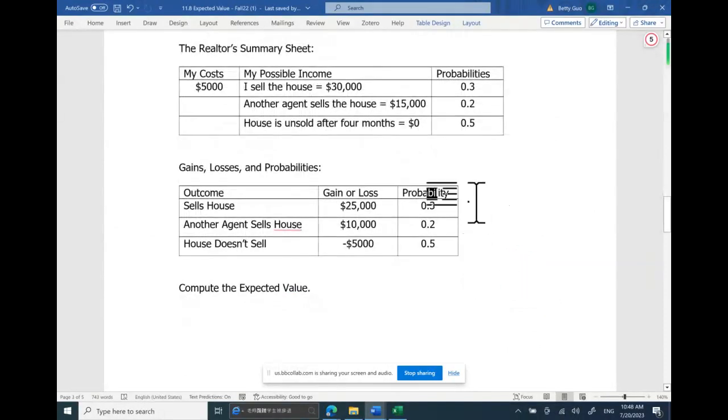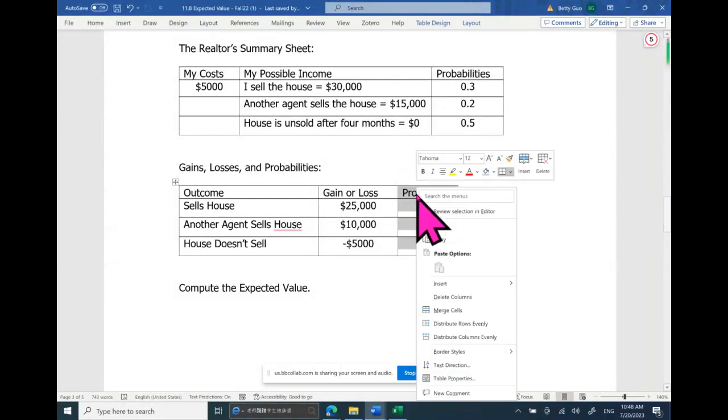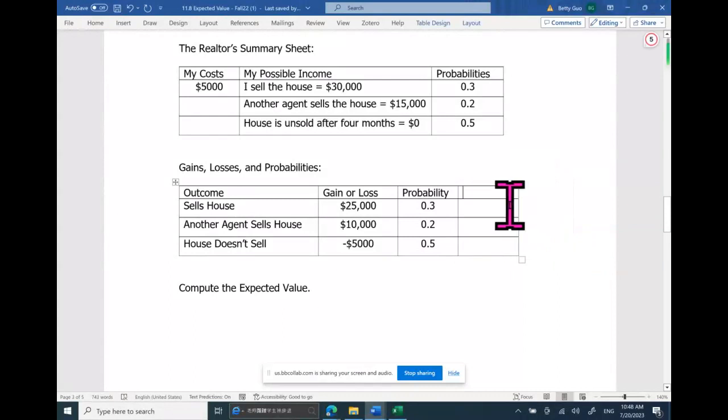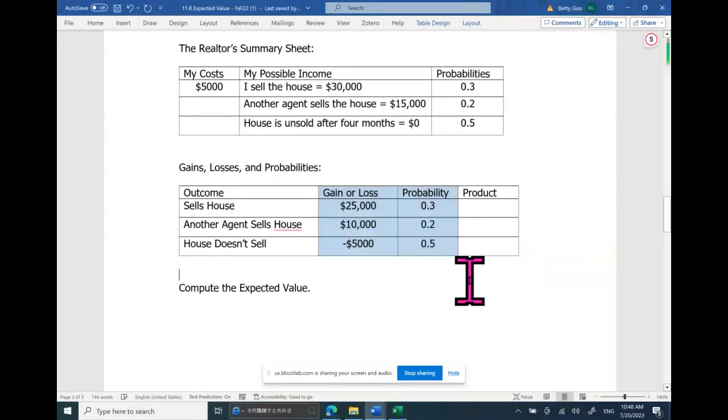Okay, so we are going to add one more column here. Insert a column on the right. That column is going to be our products, right? These two columns, I'm going to color in blue.